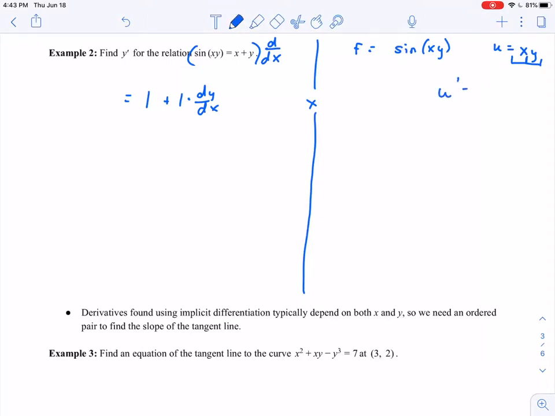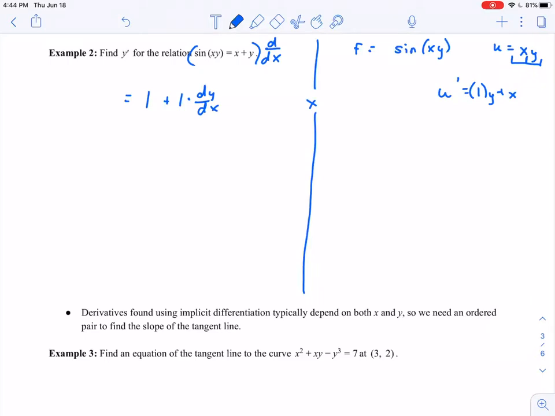So u prime, first I'm going to start with the derivative of x. Derivative of x is just 1 times y. I'm going to leave that alone, so 1 times y, plus, this time I leave x alone, so plus x times the derivative of y.